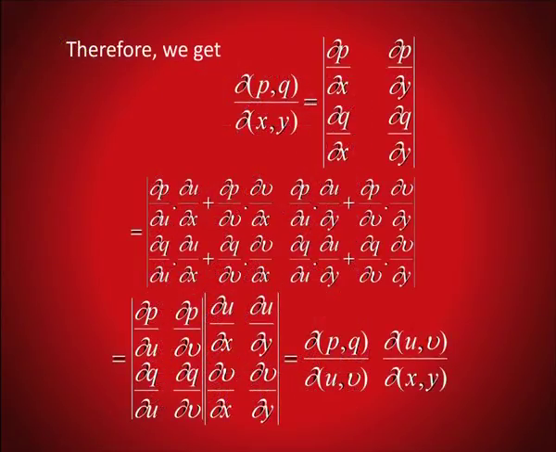Therefore, we get ∂(p,q)/∂(x,y) equal to the determinant of ∂p/∂x, ∂p/∂y in the first row, and ∂q/∂x, ∂q/∂y in the second row.